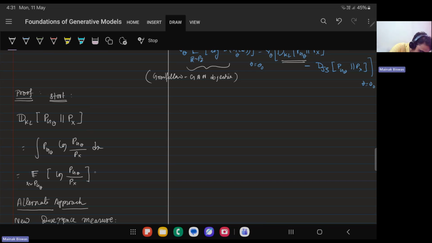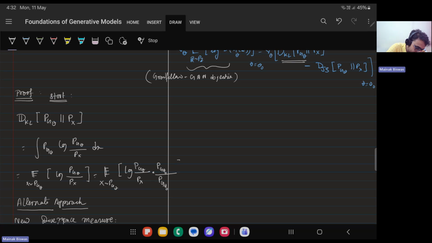Now as soon as I do that, I can write this as the expected value of x being sampled from p_g theta, log of p_g theta by p_g theta_0 into p_g theta_0 by p_x. I just multiply and divide by this.